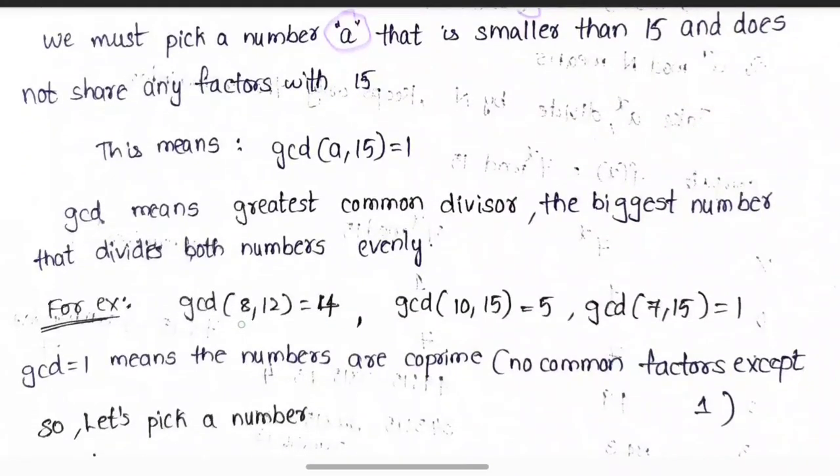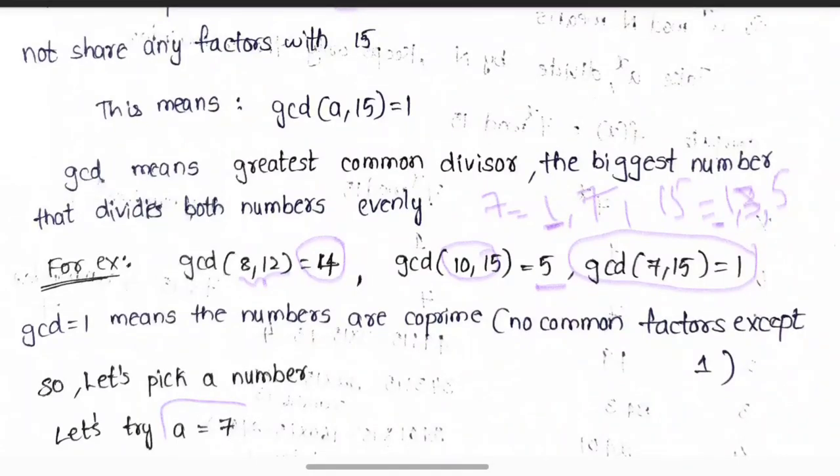For example, the GCD of 8 and 12, the greatest common divisor of both, is 4. The GCD of 10 and 15 is 5. If you take 7 and 15, you end up getting 1, because 7 has only 1 and 7, and 15 has 1, 3, 5. The only common divisor for 7 and 15 is 1.